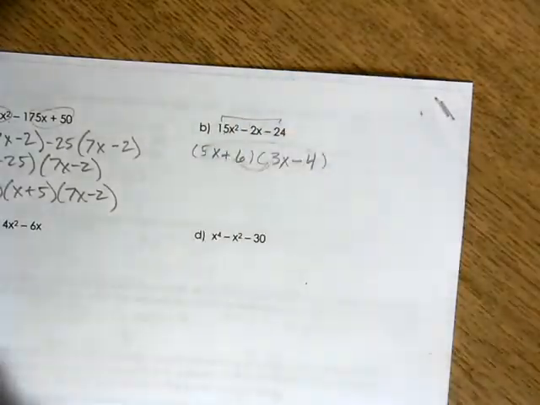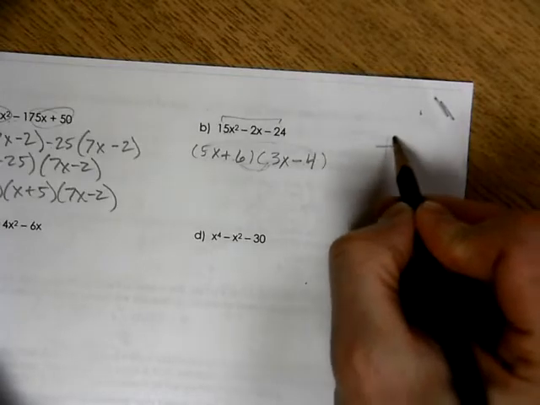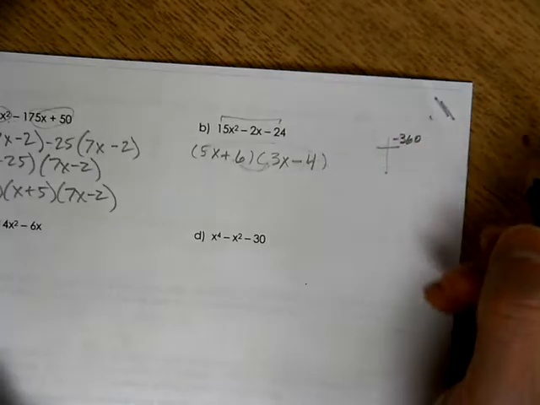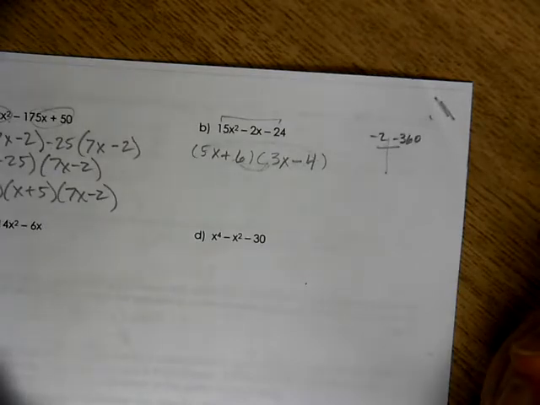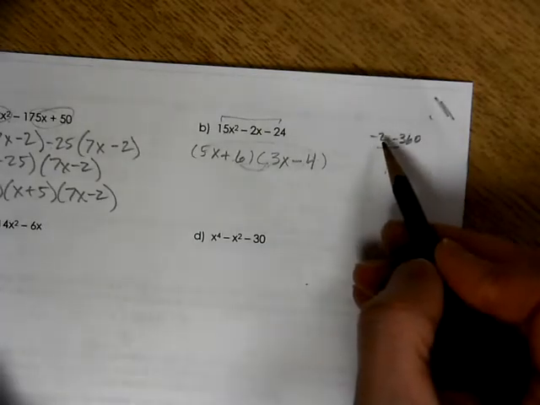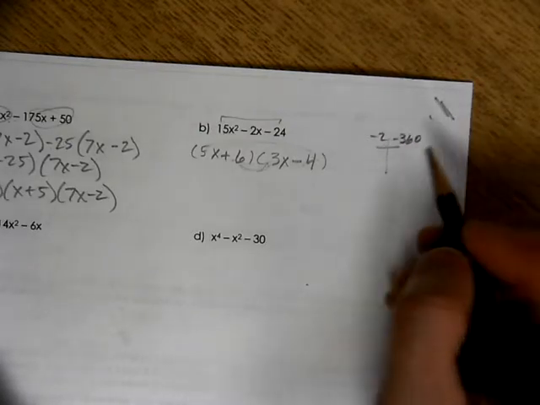Another way would have been to say 24 times 15, and we would have gotten negative 360. That adds to be negative 2. Then you would want to come up with 2 factors that were just 2 apart from each other. Okay, so you want 2 factors, 2 apart.